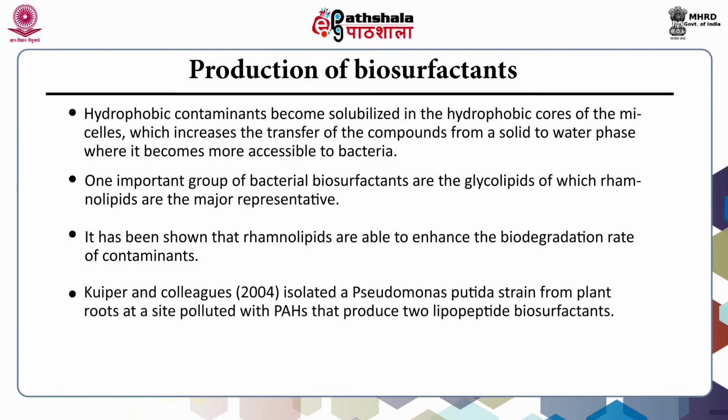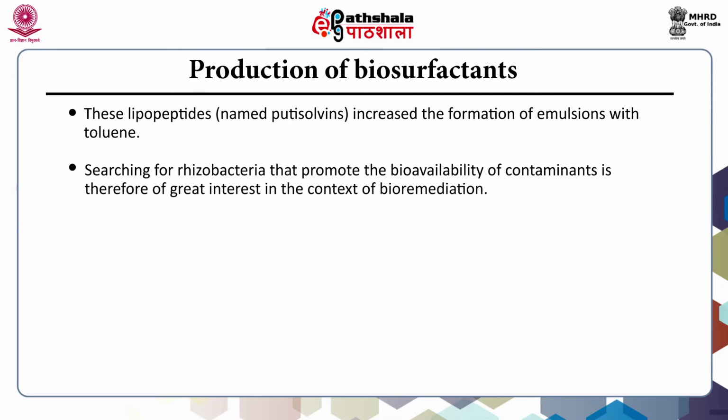According to Cooper and his colleagues, a Pseudomonas putida strain isolated from the roots of plants grown in polyaromatic hydrocarbon contaminated sites produced two lipopeptide surfactants. These lipopeptide surfactants increase the formation of emulsions with toluene.